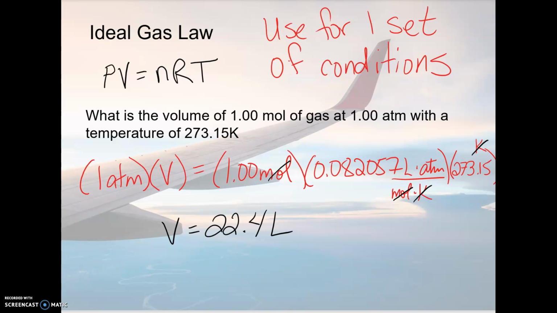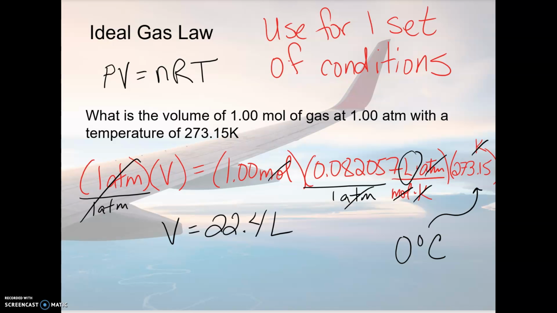Now, you might have heard before that 1 mole of any gas occupies a volume of 22.4 liters. Well, this is where that's coming from. This is using the ideal gas law, and as long as we're at 1 atmosphere and a temperature of 273.15 K, which is 0 degrees Celsius, these are standard conditions, and we're going to get a volume of 22.4 liters.